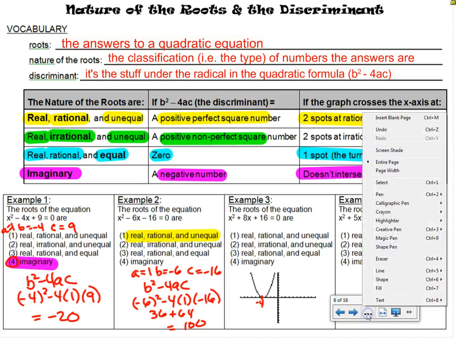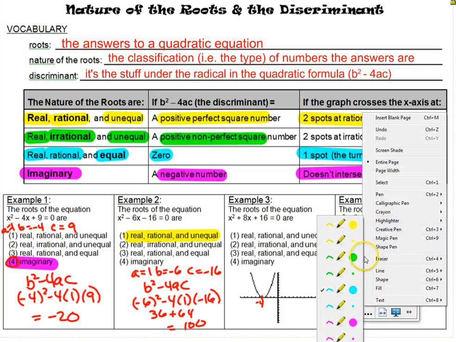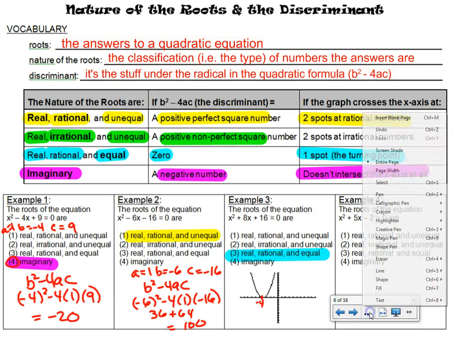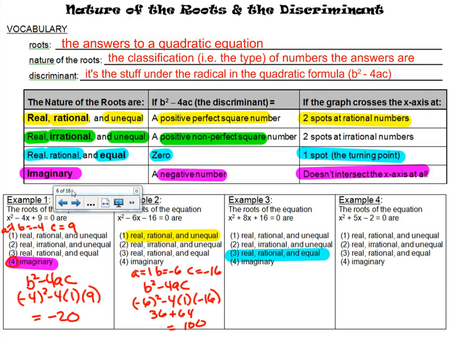Okay, and again, I'm going to do this now by the discriminant, so you can also see that. All right, doing this by the discriminant, we will get, and again, if you get a zero discriminant, we know it's real, rational, and equal.